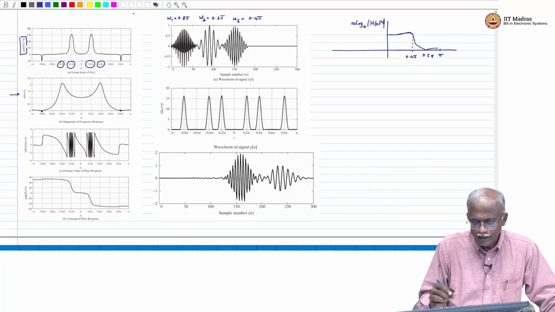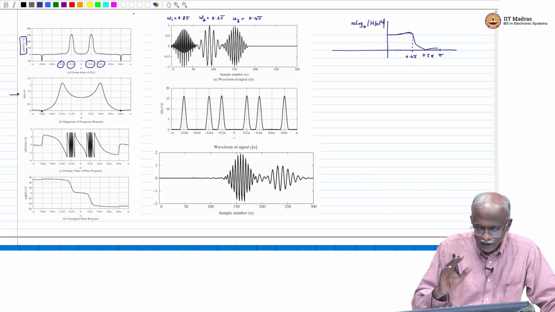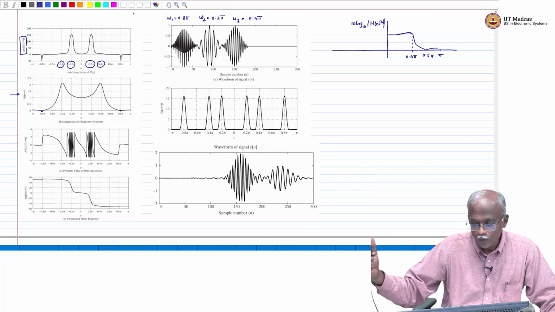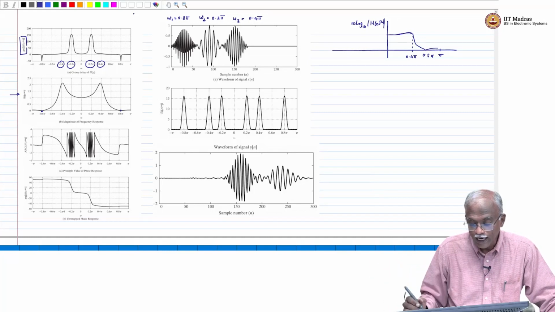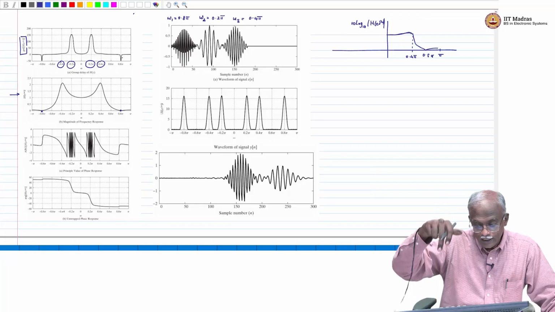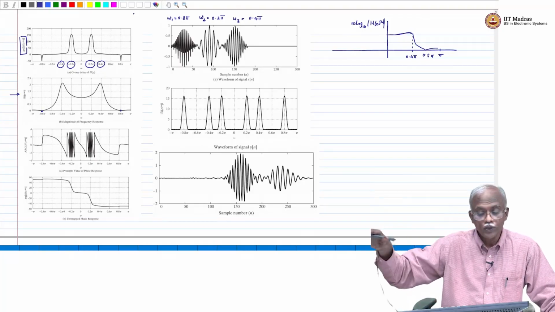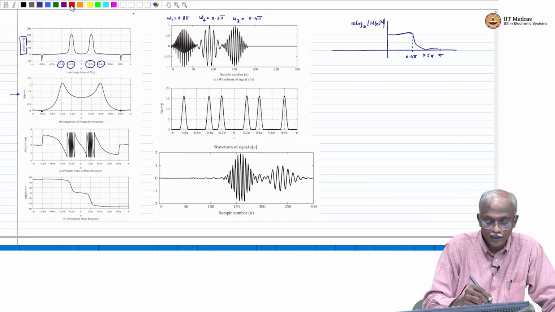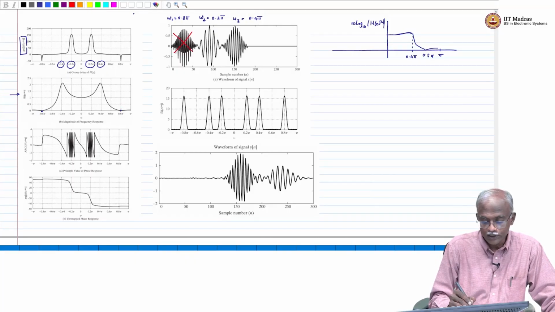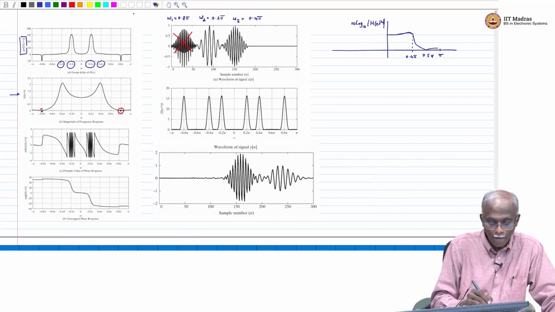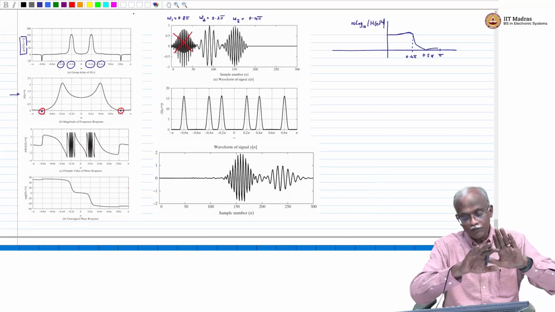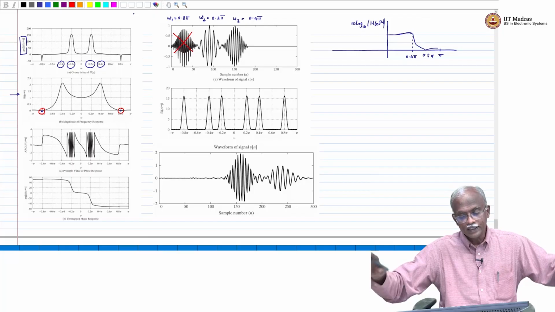Now what I want you to do is visualize what we would expect to see at the output. At 0.8 pi, there is a 0. That means it is going to completely kill this particular signal. So this signal will not even appear in the output because of the 0 that is sitting here. So that frequency is completely eliminated.